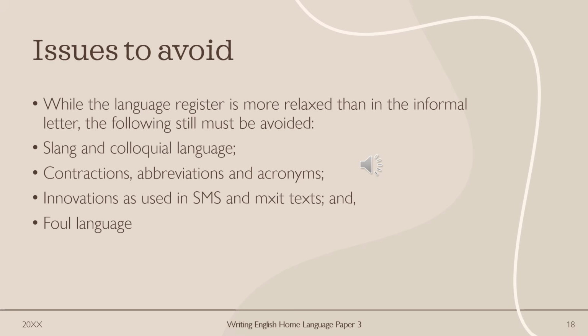For example, if you want to say I cannot, say I cannot. Don't say I can't. Do not say I don't. Say I do not. Instead of saying we'll get there, say we will get there or we shall get there.